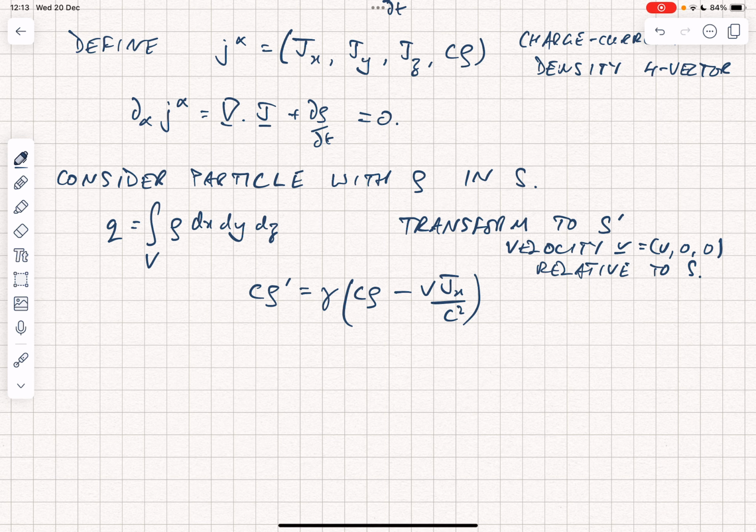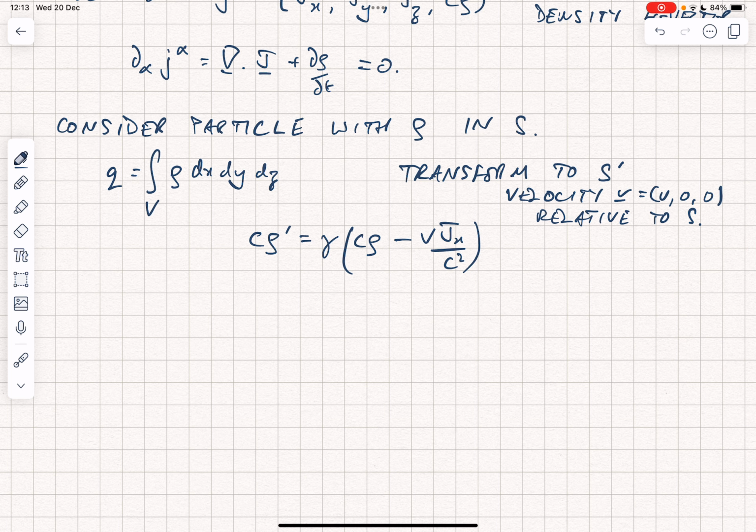Now, recall that we just said that a current density J is equal to rho times a velocity. So in this case, Jx is just equal to rho times v, which is, of course, c rho times v over c. That's simply because we have the definition in terms of c rho.